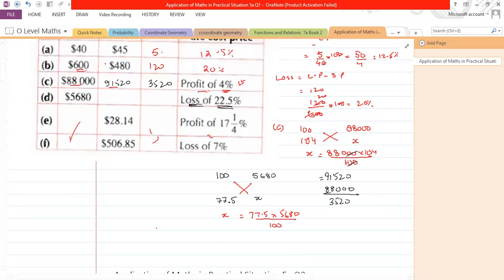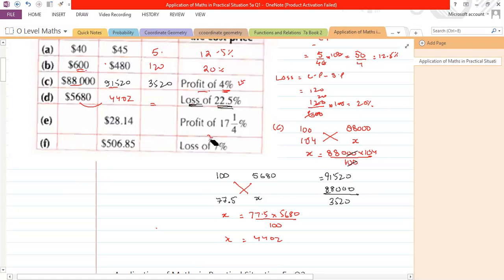So you are going to know the selling price. 77.5 multiplied by 5,680 and divided by 100. So 4,402 is what it was sold for. And now you'll subtract it and you're going to know the loss.